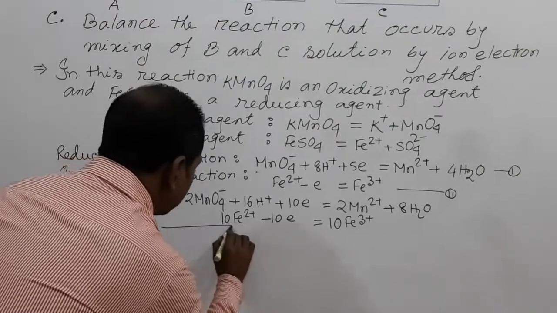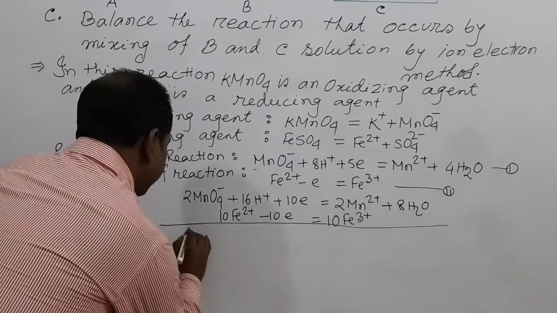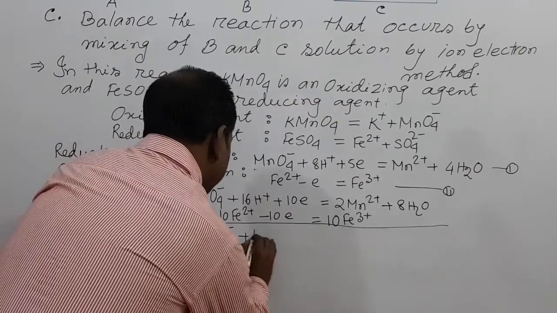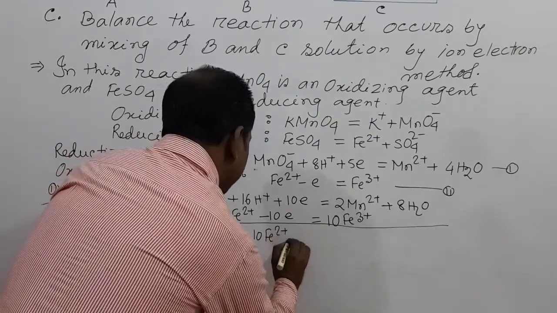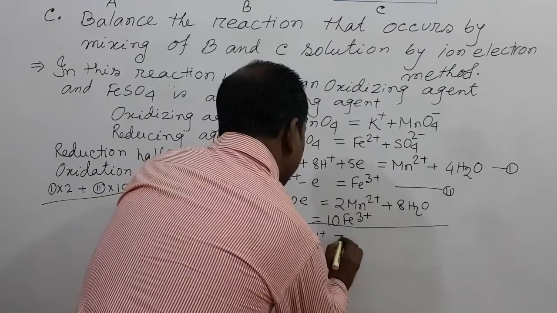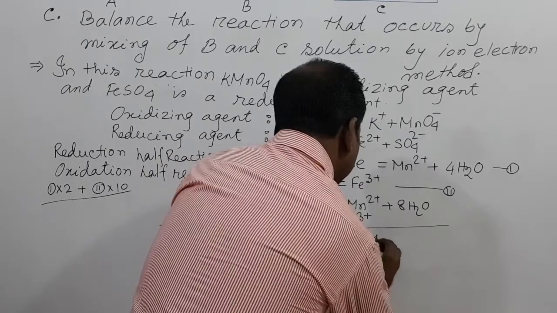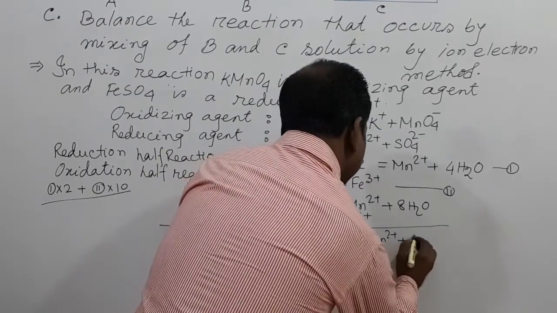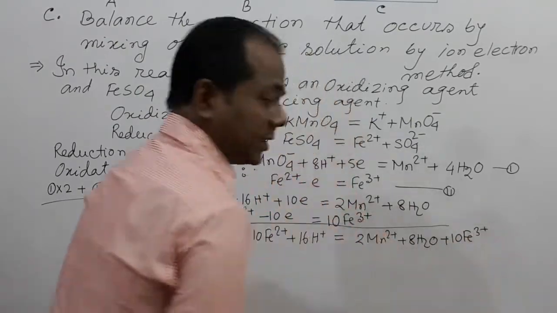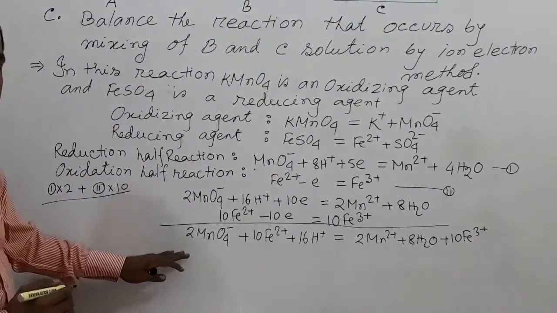Now adding these two reactions, we get 2MnO4 minus plus 10Fe2 plus plus 16H plus on the left side, and on the right side we get 2 manganese 2 plus plus 8H2O plus 10Fe3 plus. Okay, my dear students, this is the balanced equation.